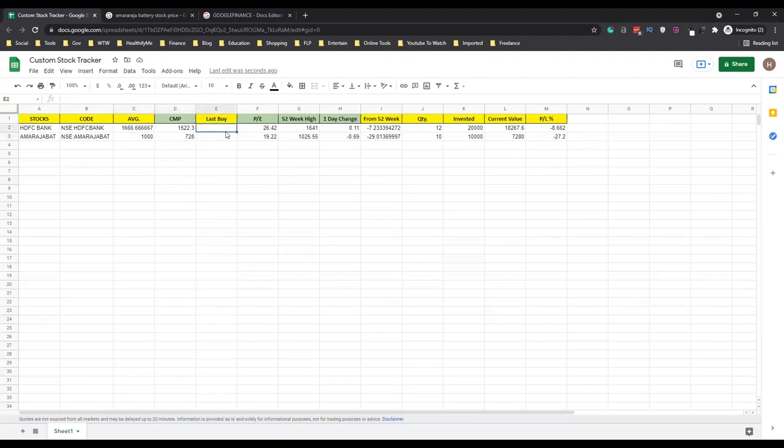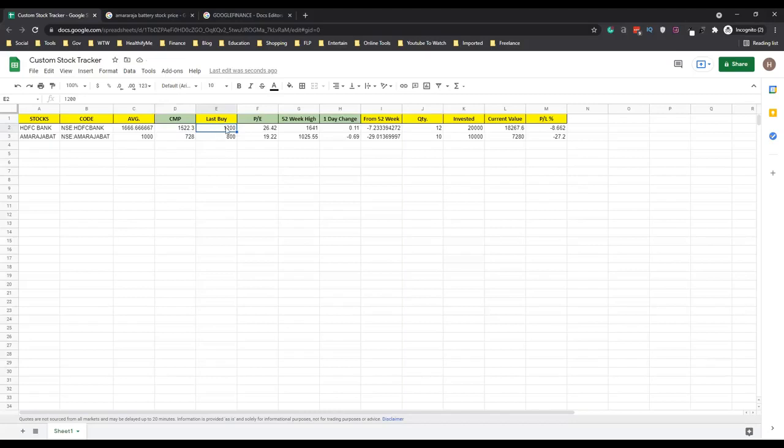Last buy is manual. Suppose last time when I bought this stock, I bought at 1800, and Amara Raja at 800. On this basis, you can make sure, like last time I bought at 1800, so current market price is 1500, so I can go ahead and purchase more. But suppose I had bought this at 1200, but current market price is 1500, then I can avoid buying this stock, right?